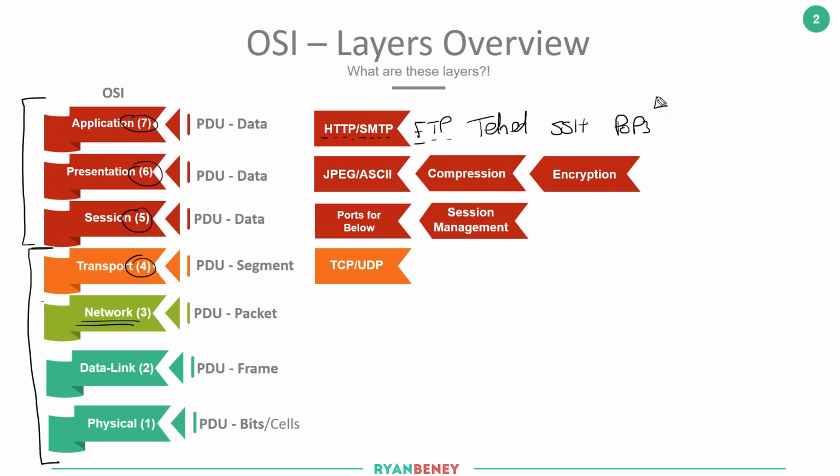This is essentially where our end users sit. Depending on what application they're using and how the application should be presented, maybe for example it has JPEGs, so it has a bunch of pictures, maybe it needs to be compressed to save on overhead as it passes across the network, or maybe it needs to be encrypted because it's some important file. However that information needs to be presented, that's done by the presentation layer.